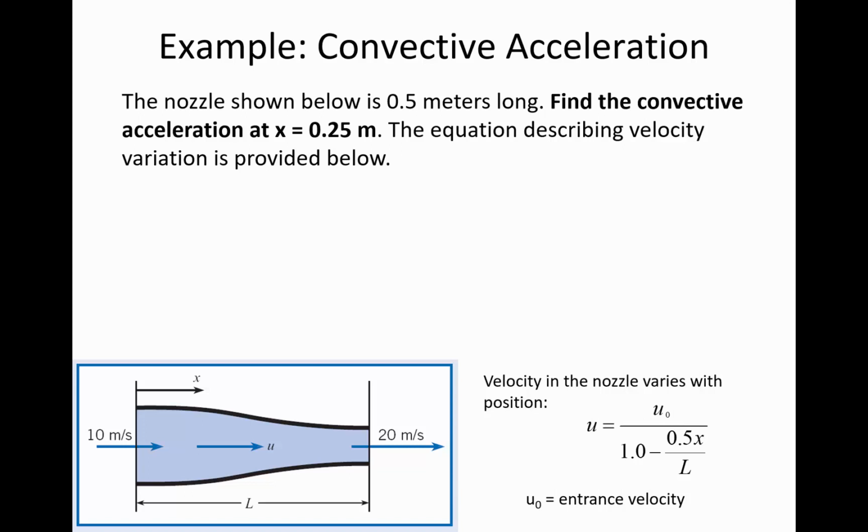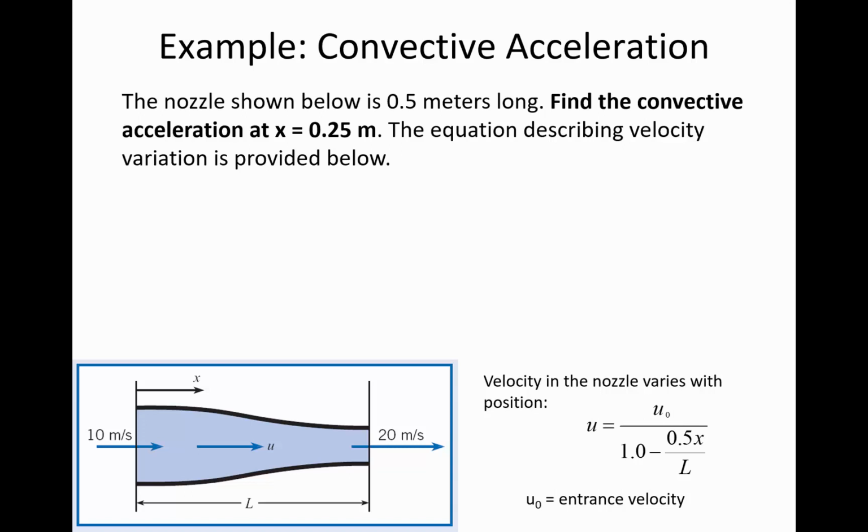If you'll get out your calculator, and I'll get out mine. So in a little scratch piece of paper, hopefully by the side of the notes, let's find the velocity at x equals 0.25 and L equals 0.5. If you substitute that in, it's going to be 10 meters per second divided by 1 minus 0.5 times 0.25 divided by 0.5.